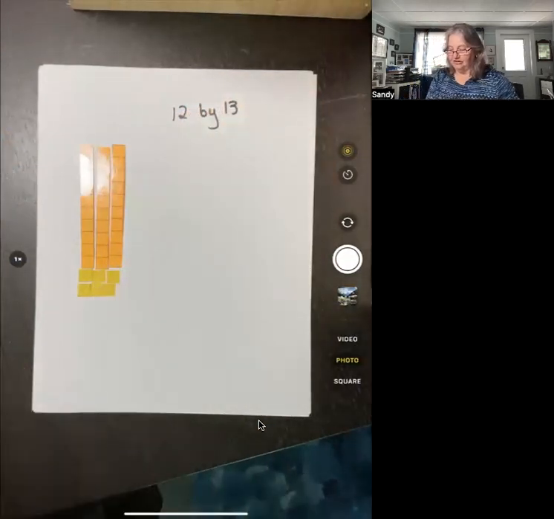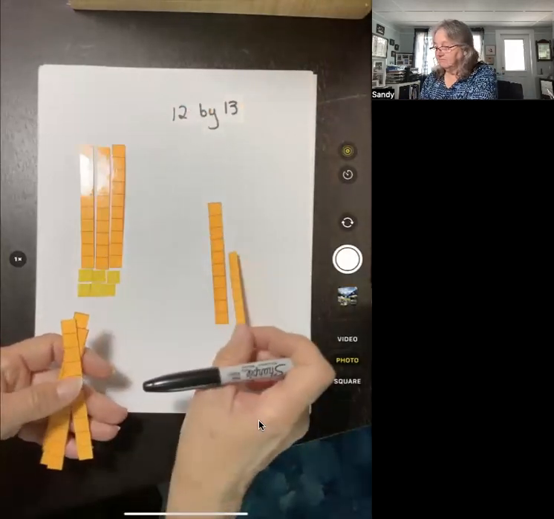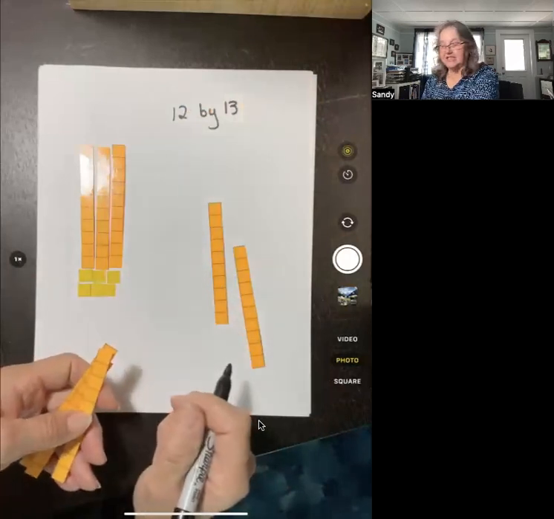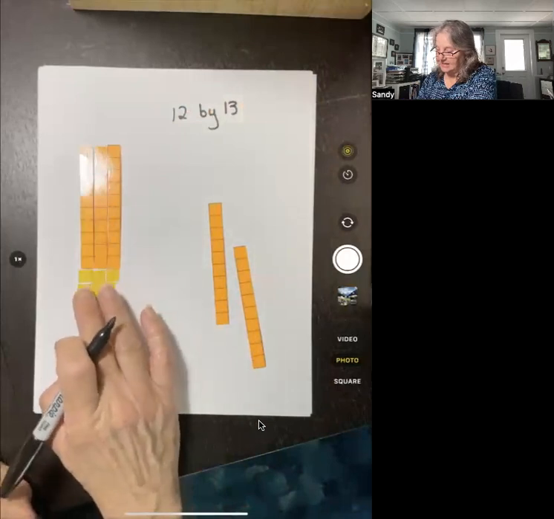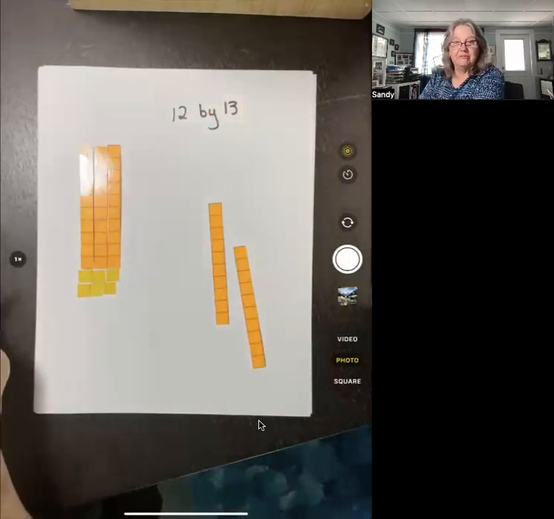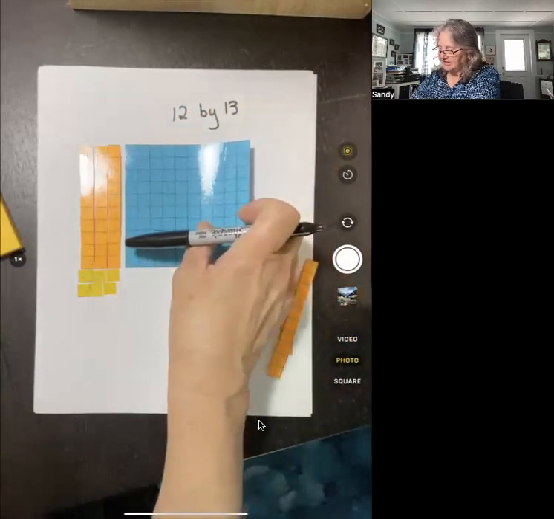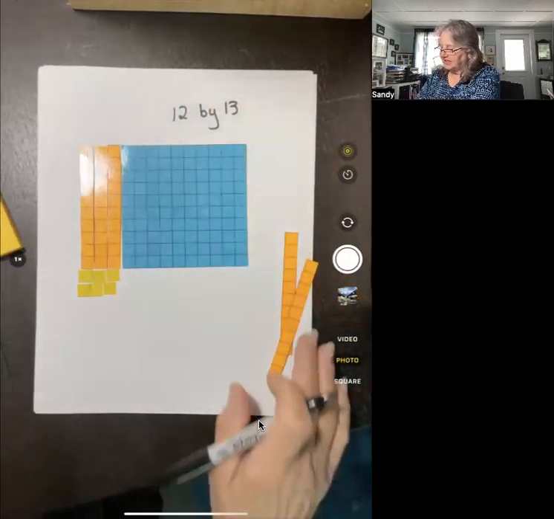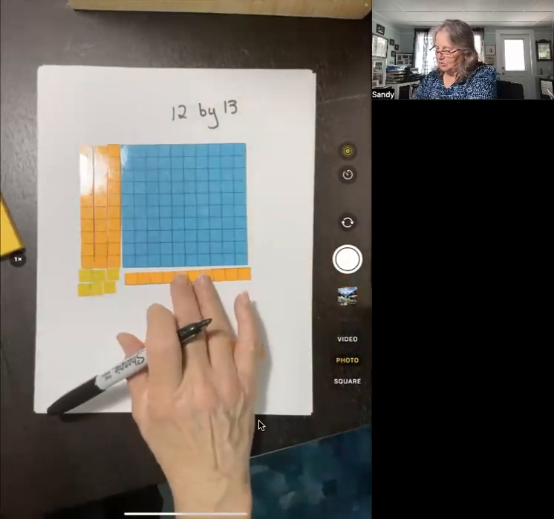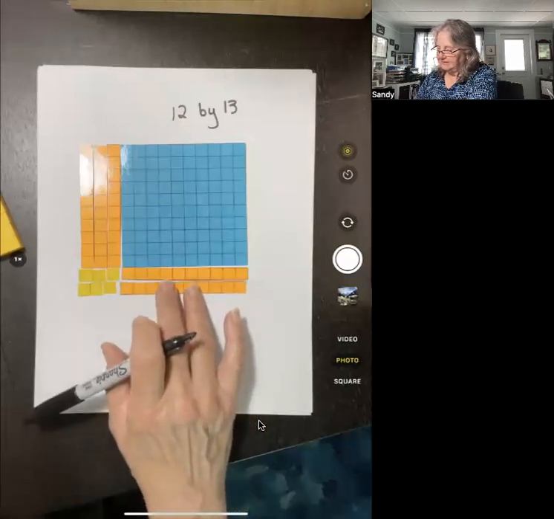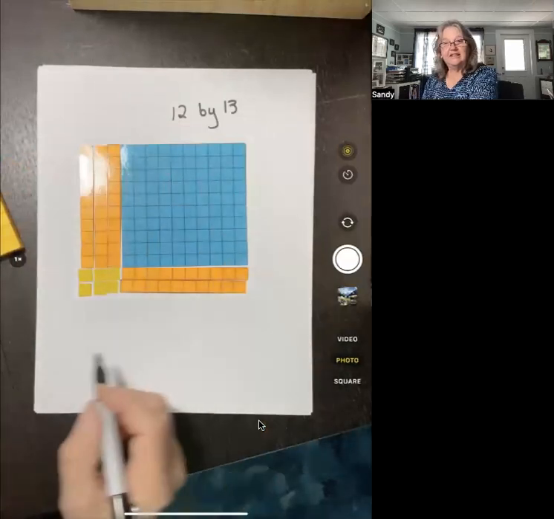Now, you know, your children may want to grab an awful lot of these and make a 12 by 13 rectangle. And there's absolutely nothing wrong with that. Mathematically, that's fine, but it's not the most efficient representation. See, we have the hundreds. So this is 13 wide and 12 deep, okay, tall. This is a 12 by 13.